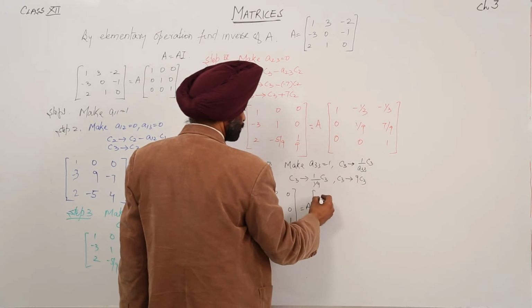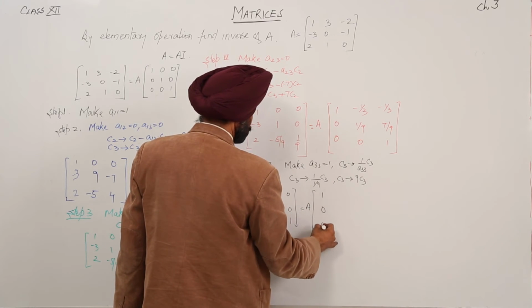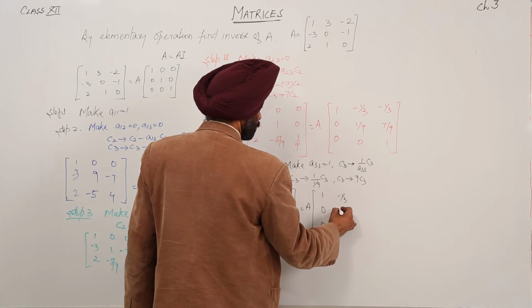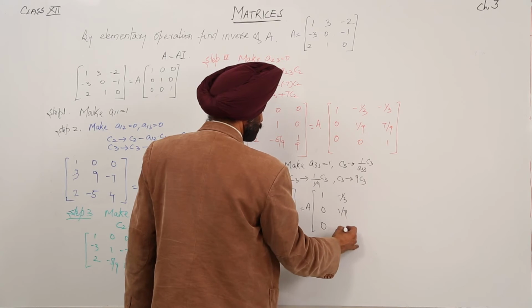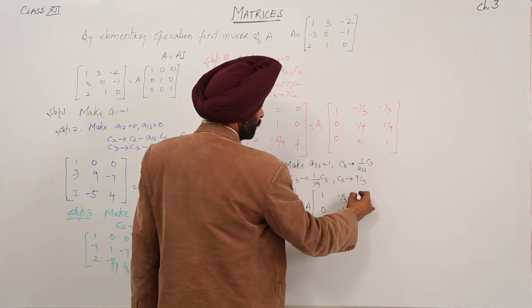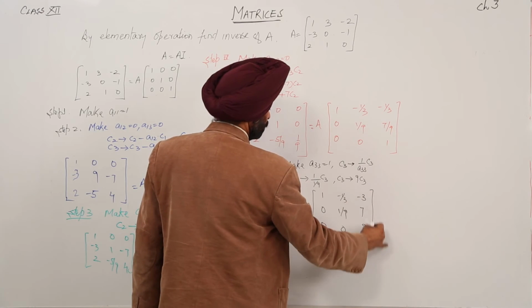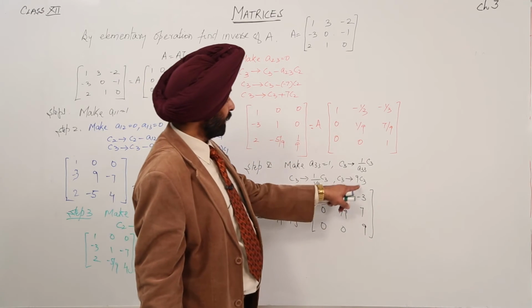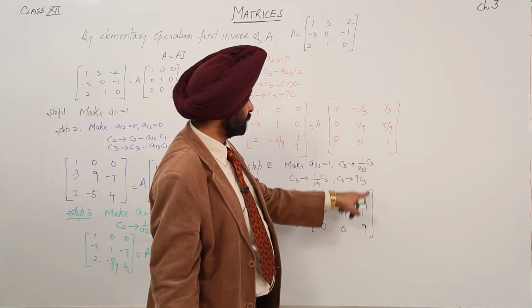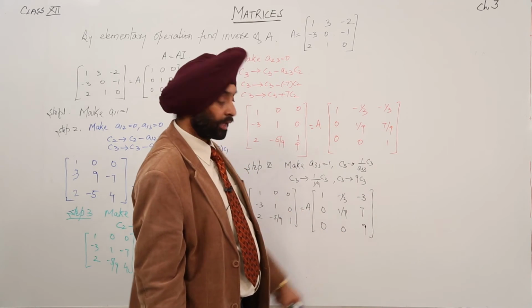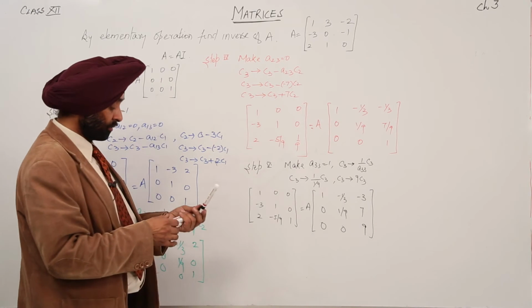Similarly this side, 1, 0, 0, minus 1 by 3, 1 by 9, 0, and after calculation we will be having minus 3, 7 and 9. 9 times minus 1 by 3 is minus 3, 7 by 9 into 9 is 7, 1 into 9 is 9. So this is step number 5.